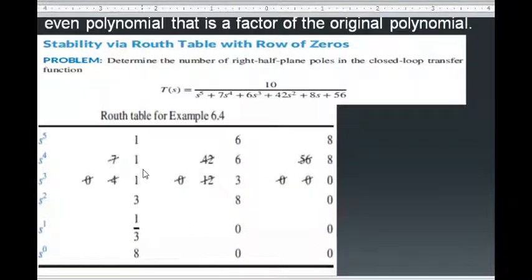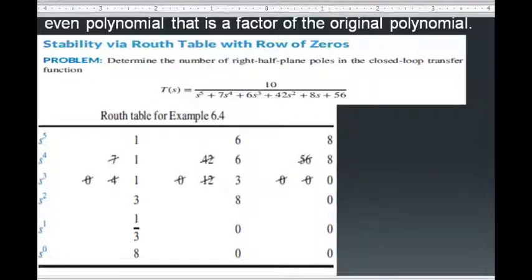If you just look at this row, what should be the polynomial for it? Like you have this entire polynomial, but if you just look at this row, what should be the polynomial? It should be S4, then this is the S2 term, 6S2, plus 8.